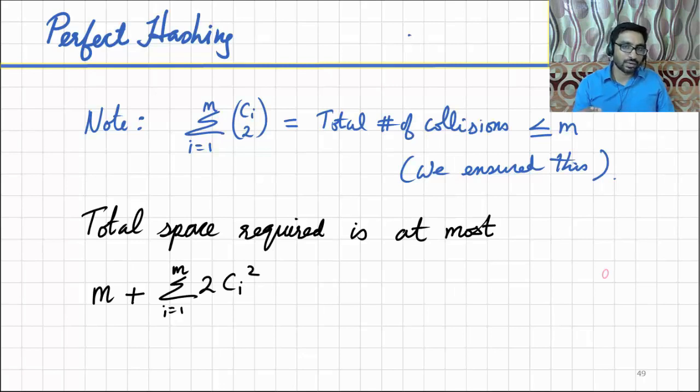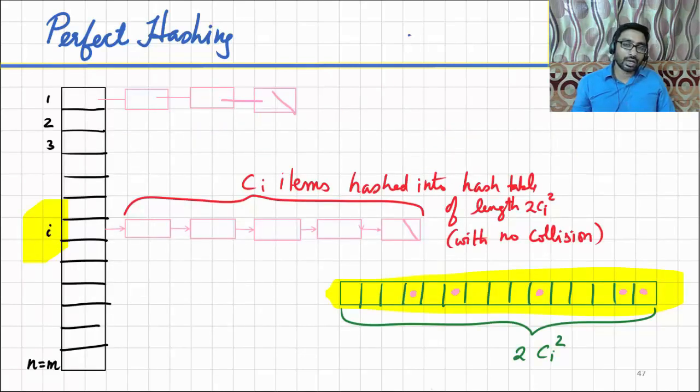Now notice first of all that the search time is O of 1. Let's say we have an item we want to search. We hash the item and look at its location within the hash table, and if it hashes into a location with just one item in it or no items in it, then we are done. We know that either the item is present or not present. But if we hash into a location that has collisions, so there's a chain at that location, then instead of going down the chain, we simply use, in fact we don't even need to store the chain.